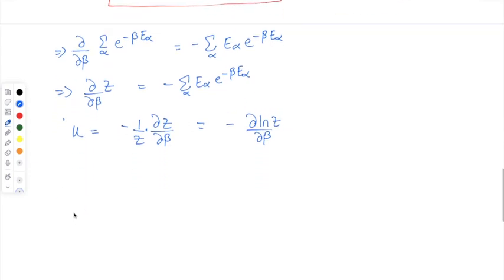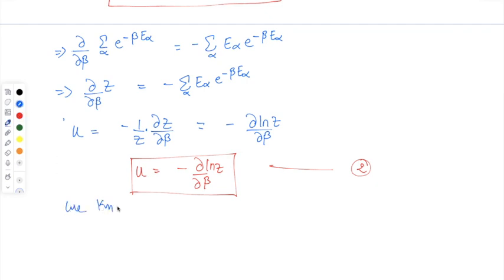So we got the relation between internal energy U and the partition function, which is U equals minus del ln Z by del beta. Now we know that beta equals 1 over kB T, where kB is the Boltzmann constant.